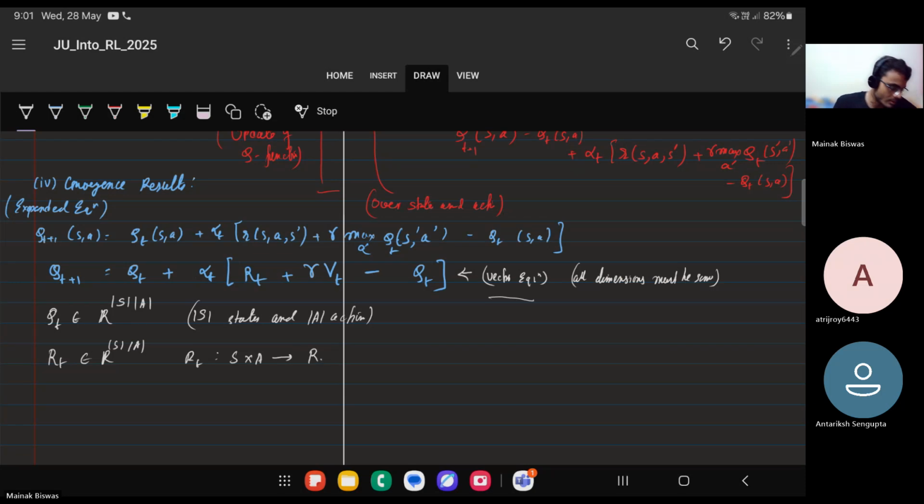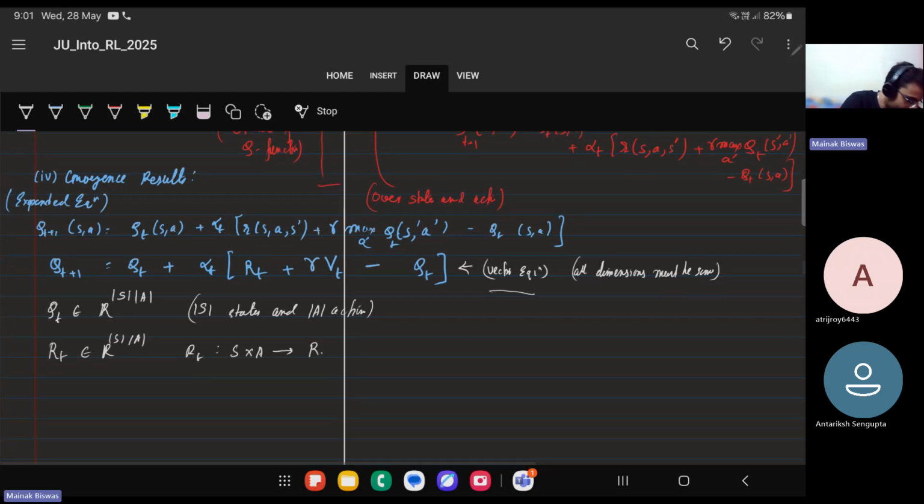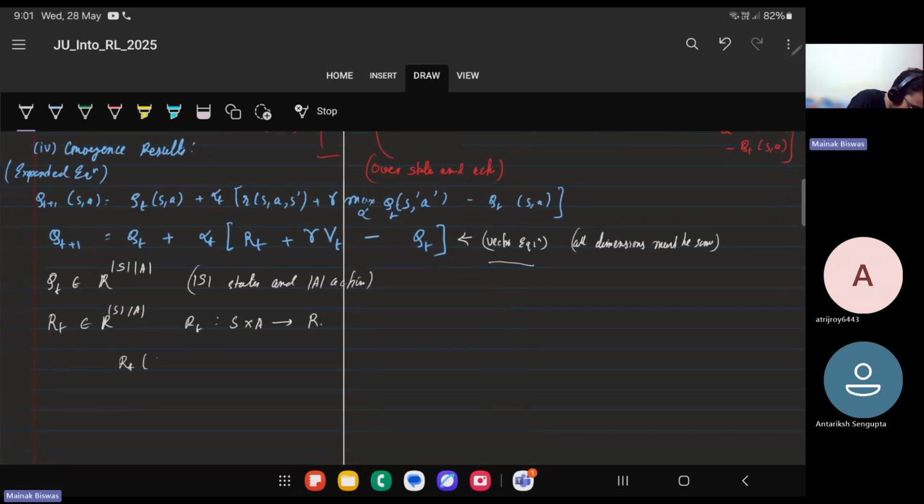And Rt we can define as the reward. See, Rt of S comma A is equal to R of A S dash. Now you will ask me, how is this possible? The right hand side has three variables, the left hand side is a two variable function.